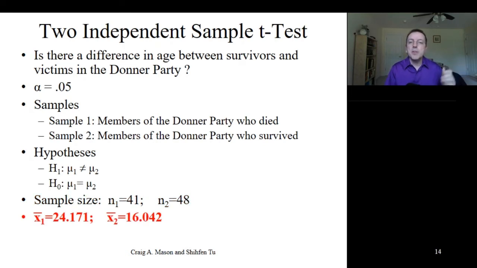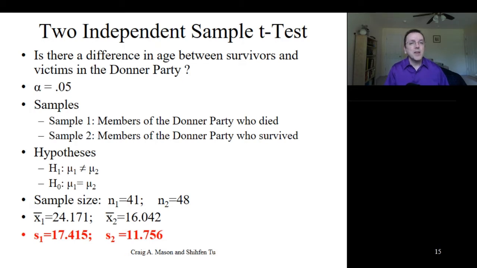But we'll go with these numbers. The mean age for those who died, sample 1, was 24.171 years, while the mean age for the survivors, sample 2, was 16.042 years. And our standard deviations for the samples were 17.415 for sample 1 and 11.756 for sample 2.